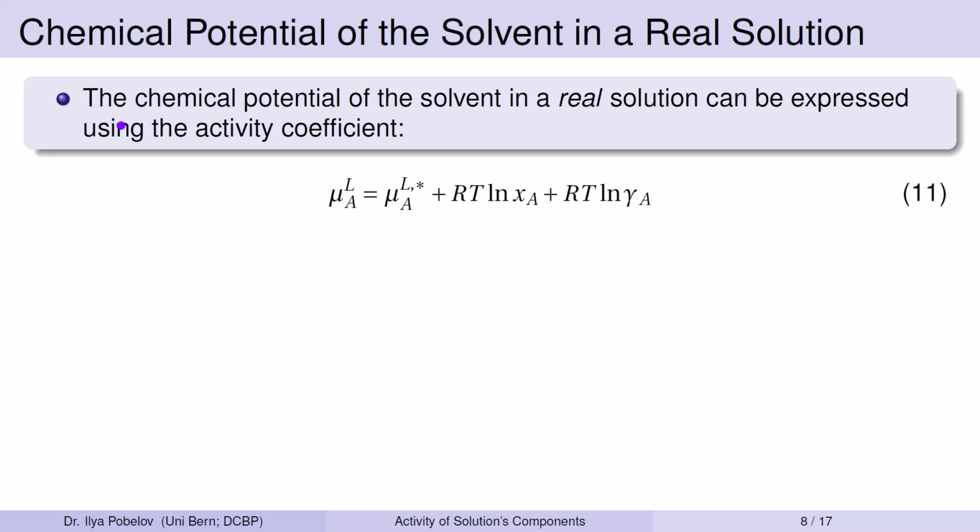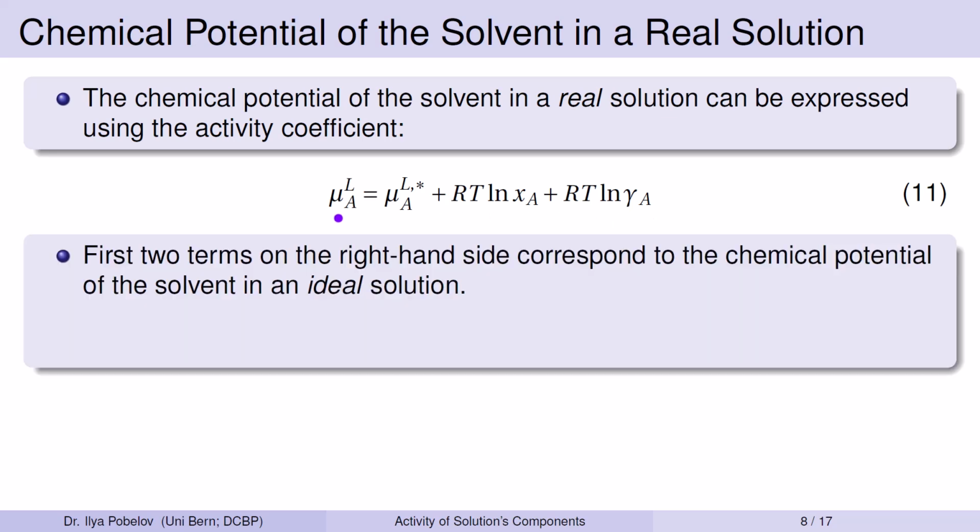The chemical potential of the solvent in a real solution can then be expressed using the activity coefficient as μ_A(l) equals μ_A*(l) plus RT times the natural logarithm of x_A plus RT times the natural logarithm of γ_A.